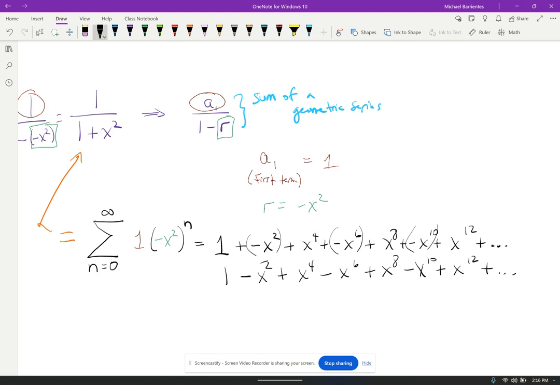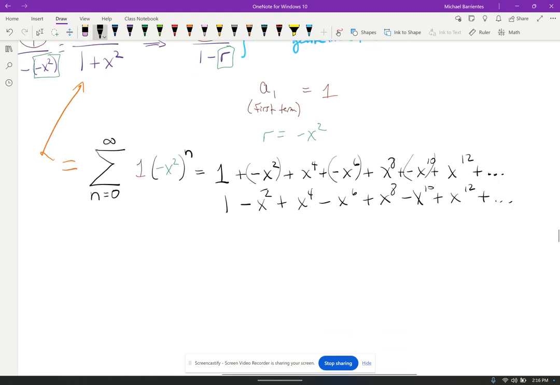So therefore, I can say that 1 over 1 plus x squared is equal to 1 minus this never-ending list of terms or powers of x in this pattern that I'm writing out. Plus dot dot dot.